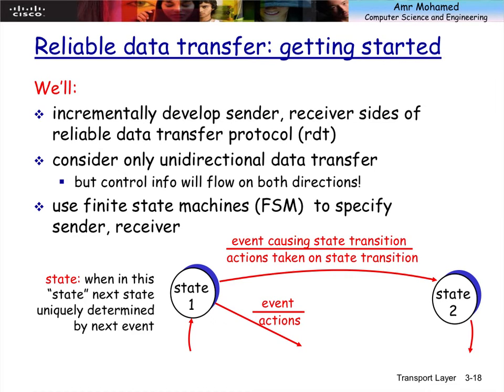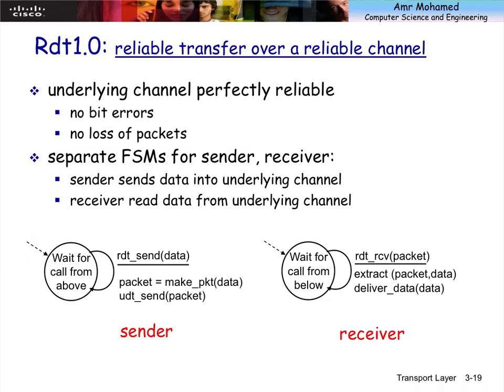And I'm sure you have come across this, or you will come across finite state machines in one shape or form. Okay? So now we need to step by step use finite state machines to try to derive or generate the logic that we need to do from the moment we receive an event from the application saying RDT send.